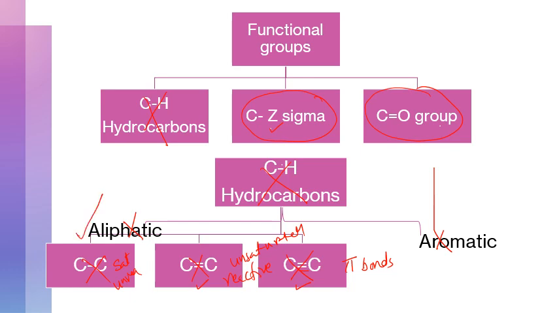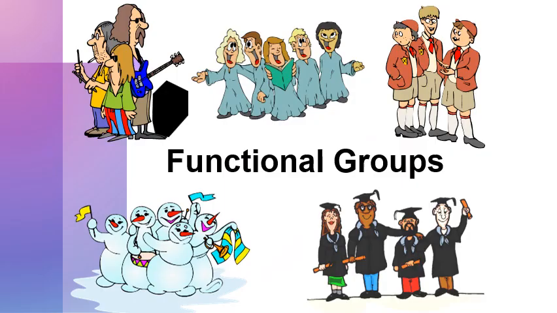Everything else is a functional group because they exhibit a wide range of properties, both physical and chemical. The families are distinguished by a group of atoms, just like we have seen the structural features of pi bonds. So they are called functional groups.